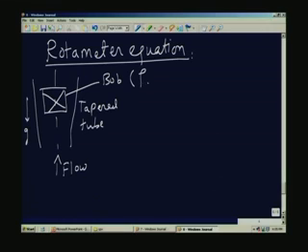We will say that rho b is the density and the volume is V b. So this is density and this is the volume of the bob.